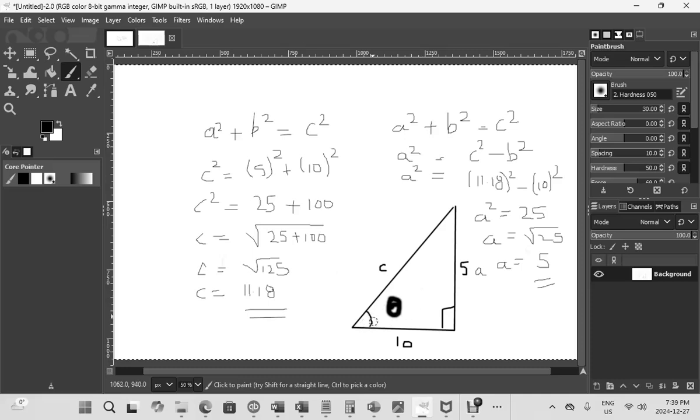Opposite over adjacent, or it could be opposite over hypotenuse. This is your hypotenuse. This is 5, and C is 11.18.